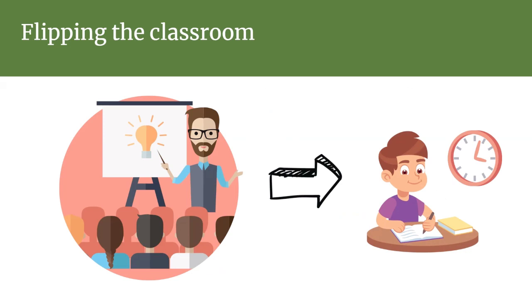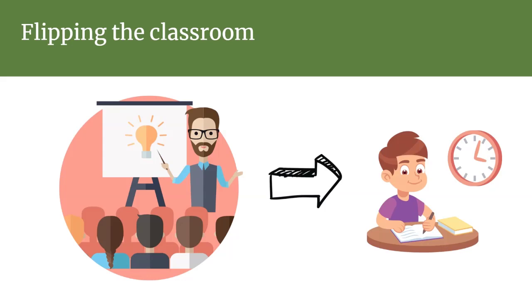In a traditional model, the teacher gives a lesson like we do in class, and the students are all receiving the same lesson. It's supposed to fit all learning types, all the students.